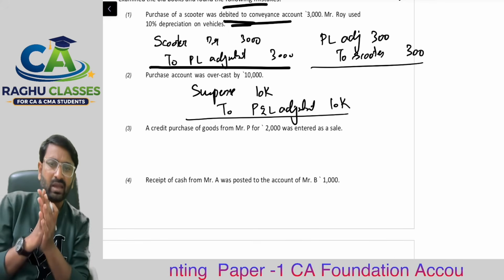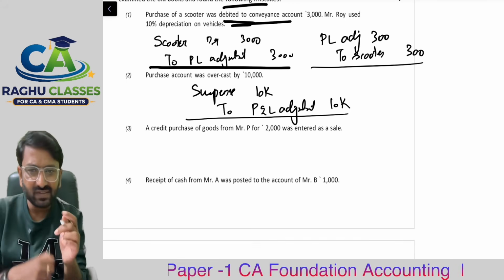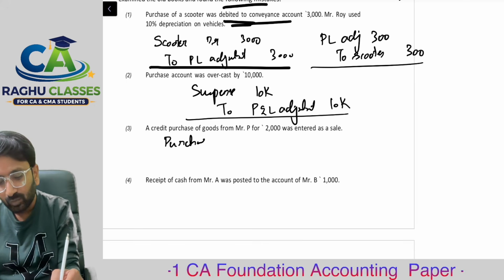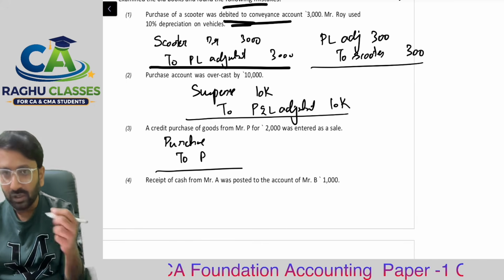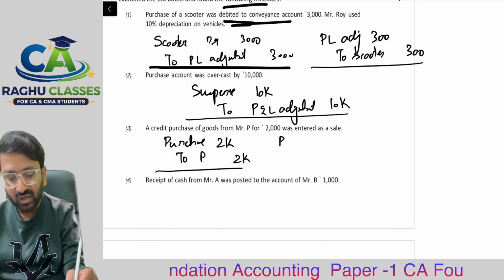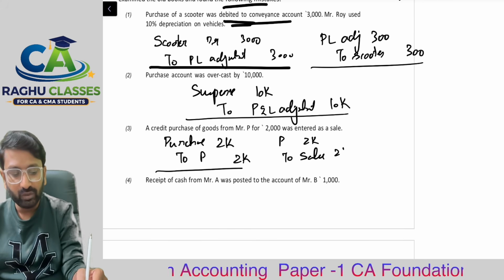Next one. A credit purchase of goods from Mr. P is entered as sale. So when you make a credit purchase, the correct entry should be purchase to P, 2000. It is recorded in the sales book. So the wrong entry will be P account debit to sales. Now what should be the rectification?